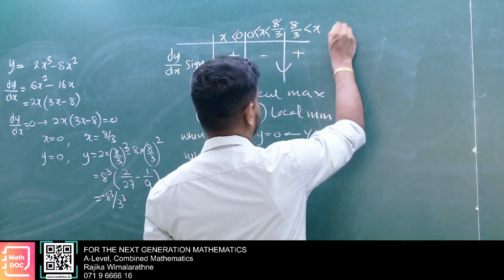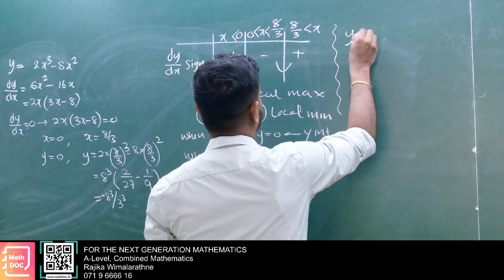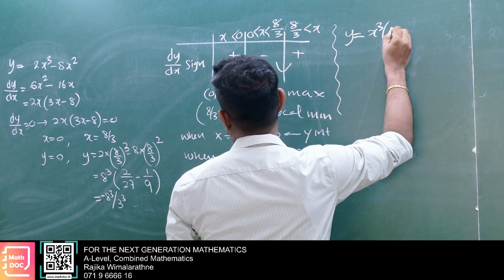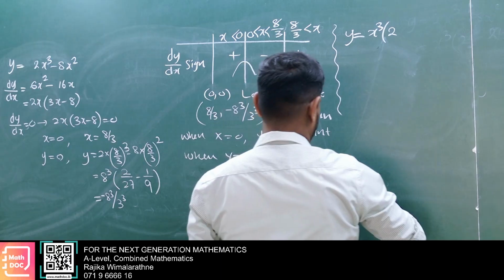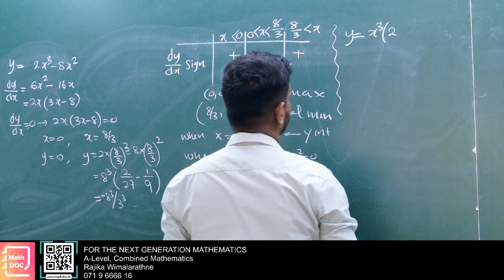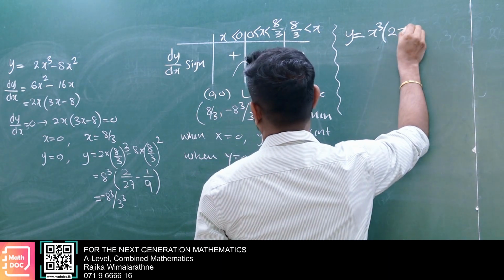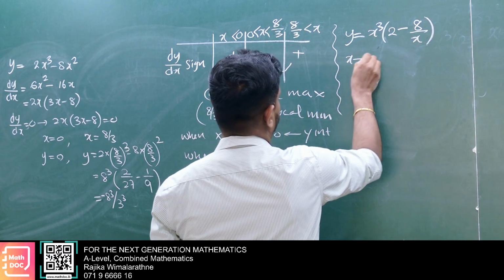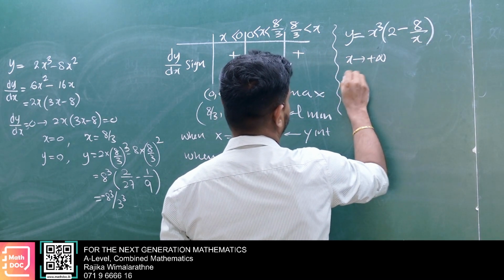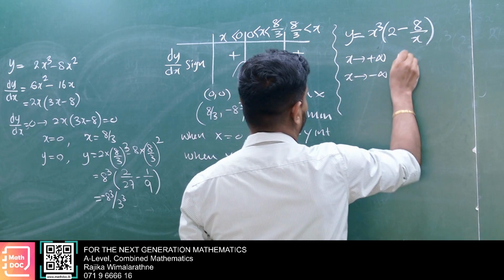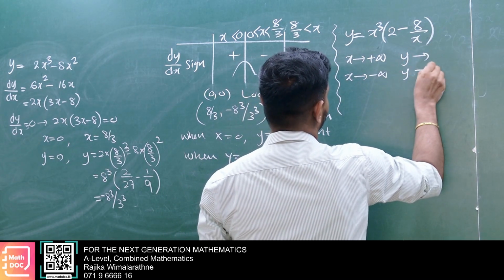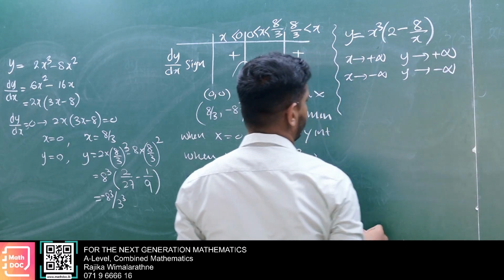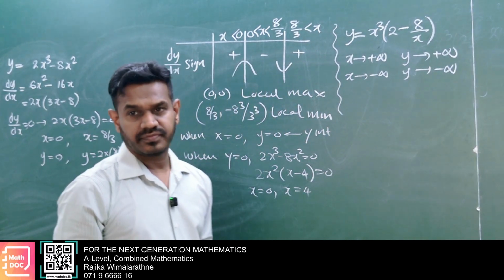Then take the maximum power outside, x cube times (2 minus 8 over x). Then x goes to plus infinity, x goes to minus infinity, y goes to plus infinity, minus infinity. Then you can sketch.